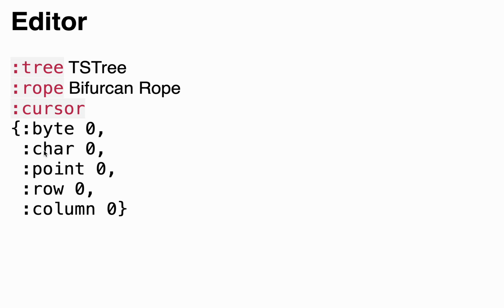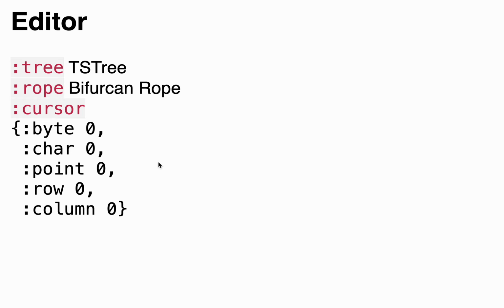And the cursor, as you can see, for Clobber right now, maybe we can push some of this complexity into the rope data structure itself. But for now, the cursor itself has the byte index, the code point index, the code unit index, the row, and the column.